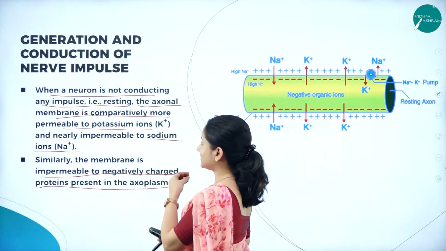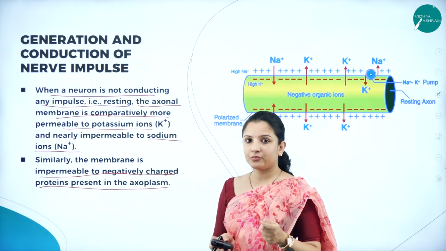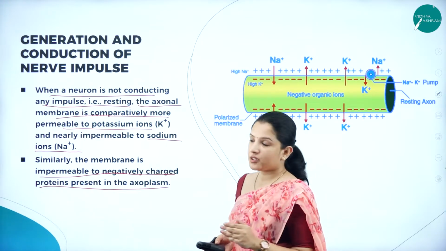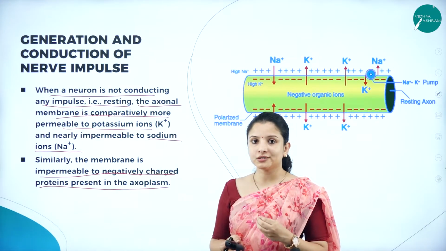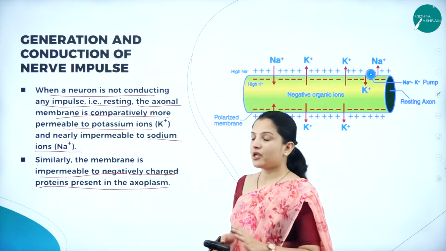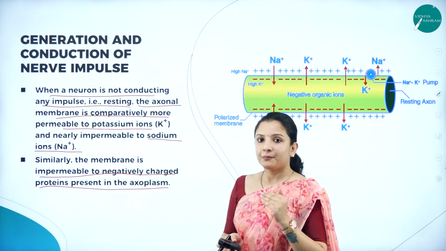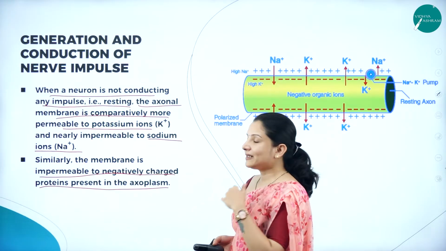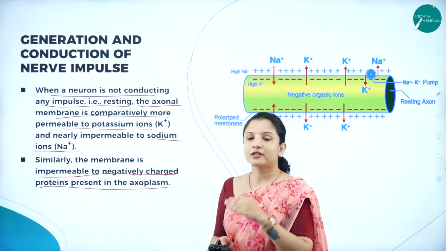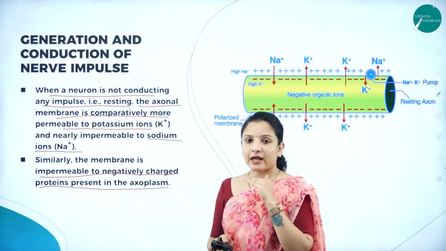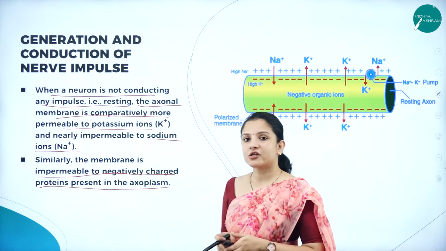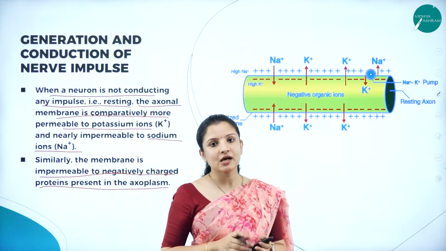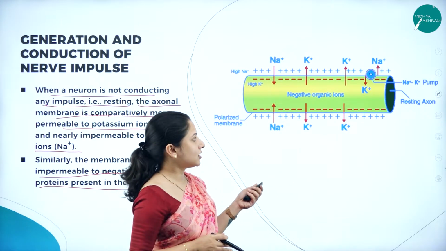When they are in a resting state, the axon membrane is more permeable to potassium ions and somewhat permeable to sodium ions, but they do not allow the entry of the negatively charged proteins that are present in the axoplasm. So, this is how they are.